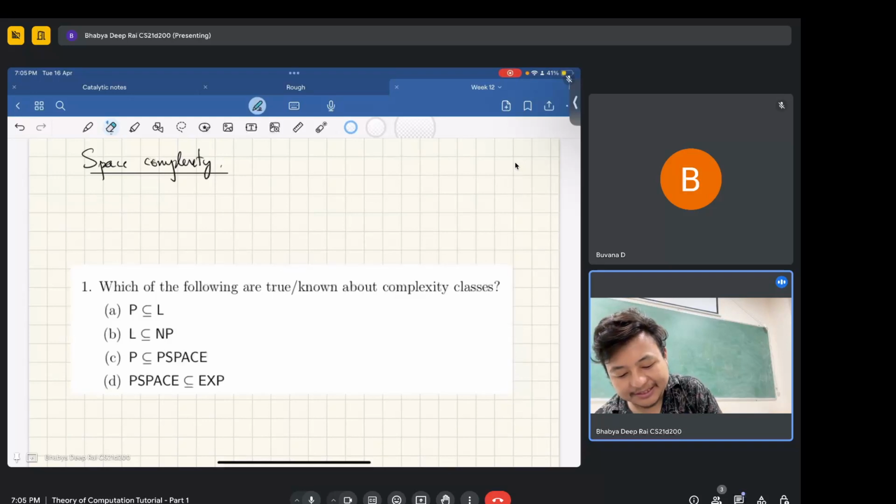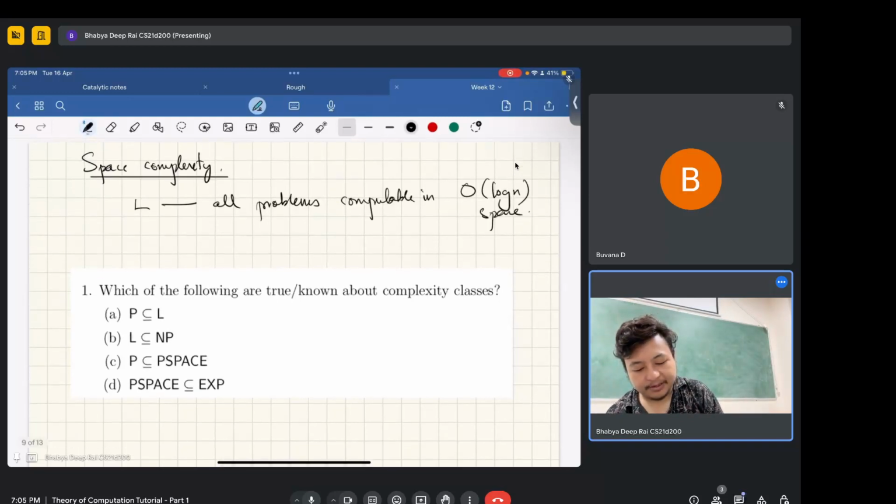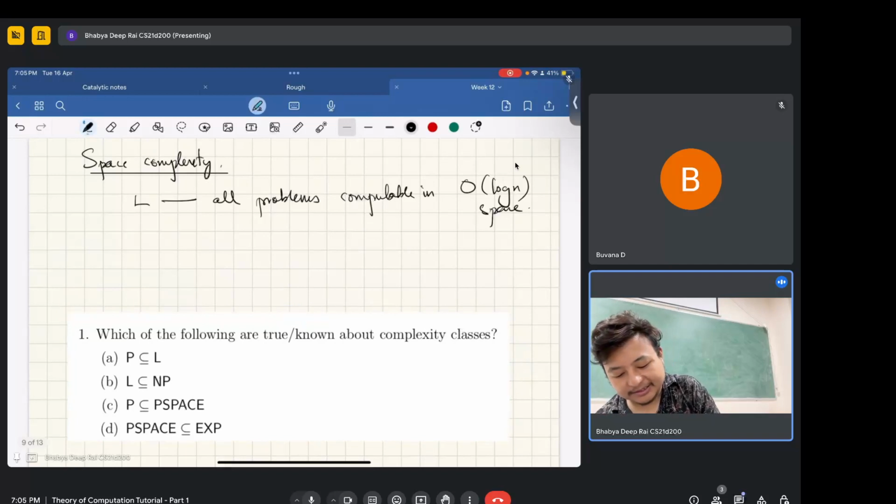So what is L? L is all problems computable in logarithmic space. And what is P? Already we know. And what is PSPACE?